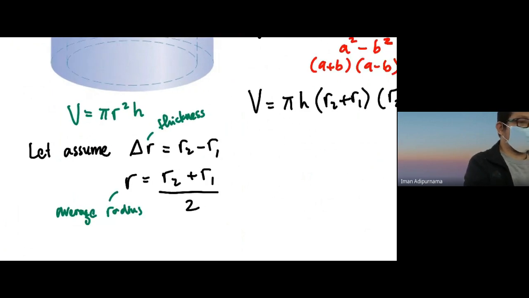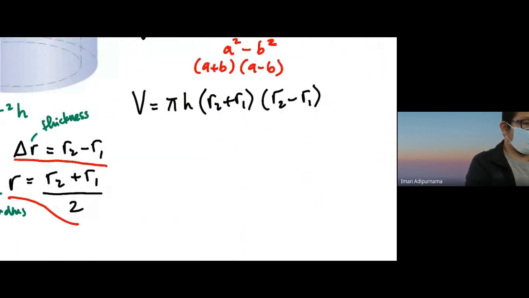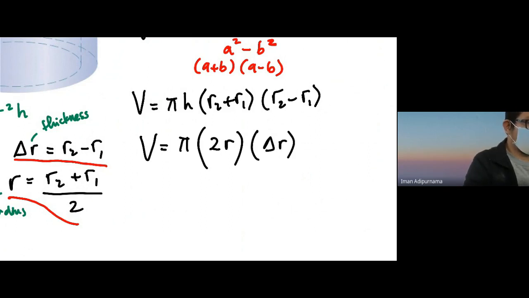Let's input this delta r and r into our equation here. The volume will be, let me write h at the end, r2 plus r1, which we can write as 2r, and r2 minus r1 is delta r, and let's write h.